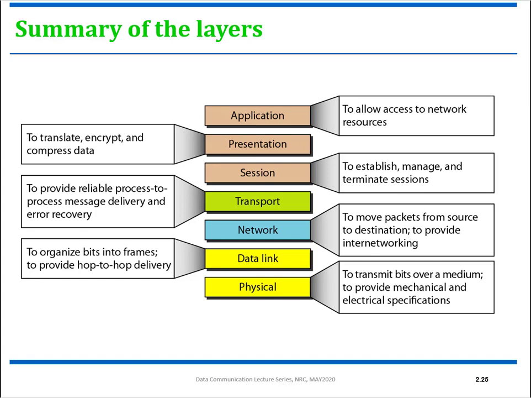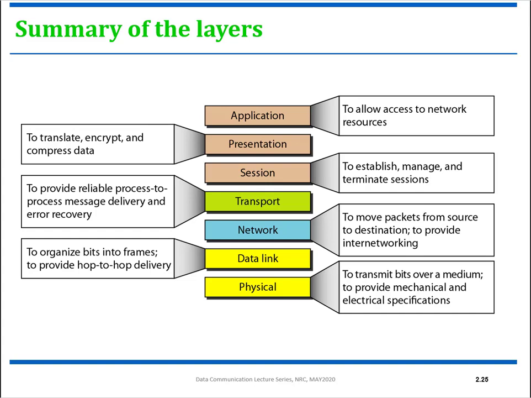The session layer establishes, manages, and terminates individual sessions. What will the presentation layer do? The presentation layer provides translation, encryption, and compression services. And finally, the application layer: it can give us any kind of support, or fulfill any kind of user need. So these are the 7 layers of the OSI model.